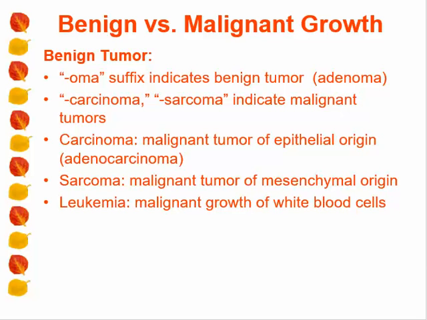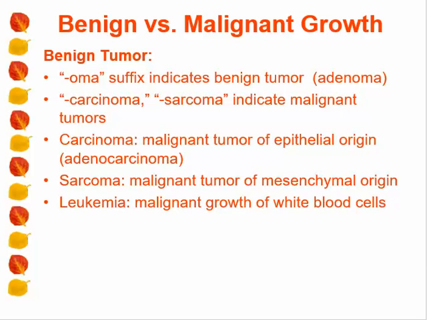Sarcoma is a malignant tumor of mesenchyme, muscle tissue or connective tissue. Bone, for instance, is a connective tissue, and so if there's a bone tumor, it's a sarcoma.